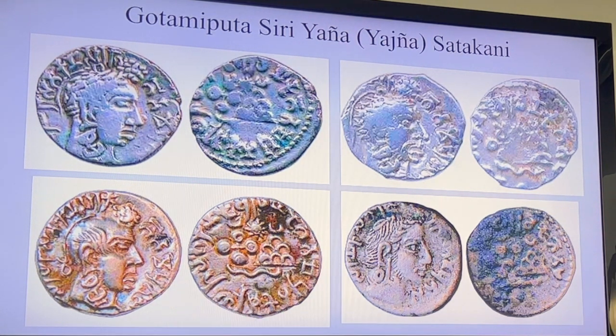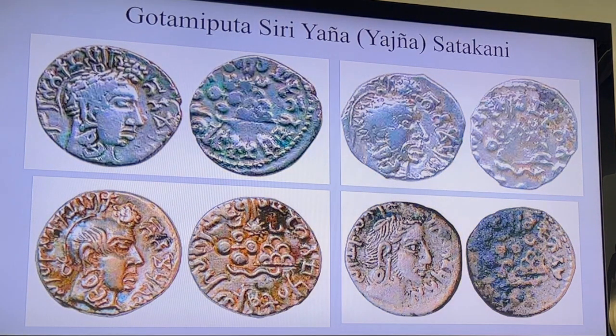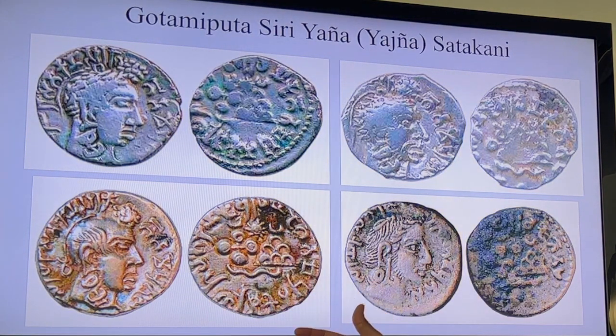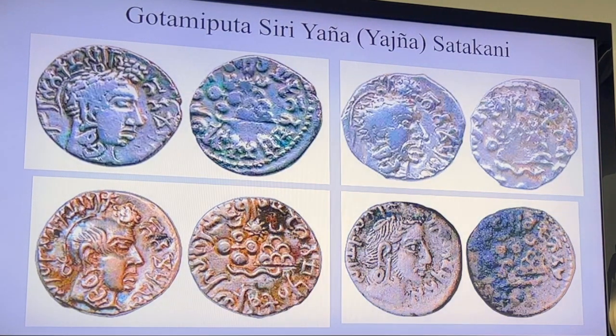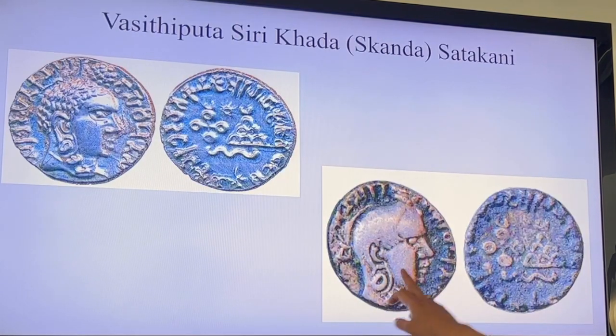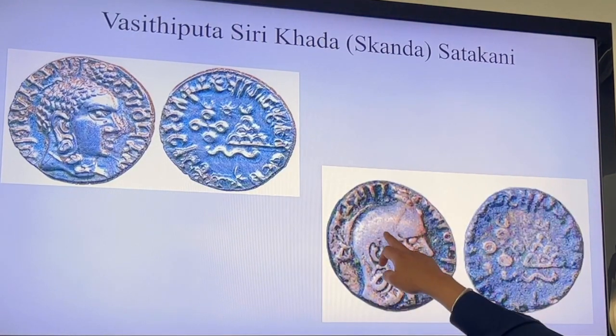That is a typical head dress that was worn by the warriors, the Kshatriyas, and it is called a Kakapaksha hairstyle. So the Kakapaksha hairstyle is seen on some of these kings. For example, Yajnashri Satakarni has it, Vijaya Satakarni has it, and Skanda Satakarni also has it in the same way.